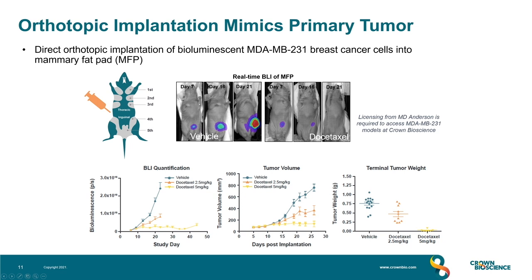The 3 on the left are vehicle, and the 3 on the right are the docetaxel-treated group. This can be quantified. As mammary fat pad tumors are relatively shallow, we can measure them with caliper as well. So this is the second graph. Of course, at termination, we can weigh the tumor. This is the one on the right.